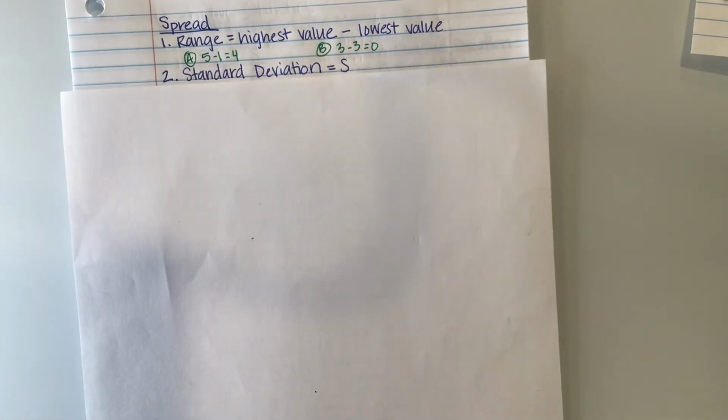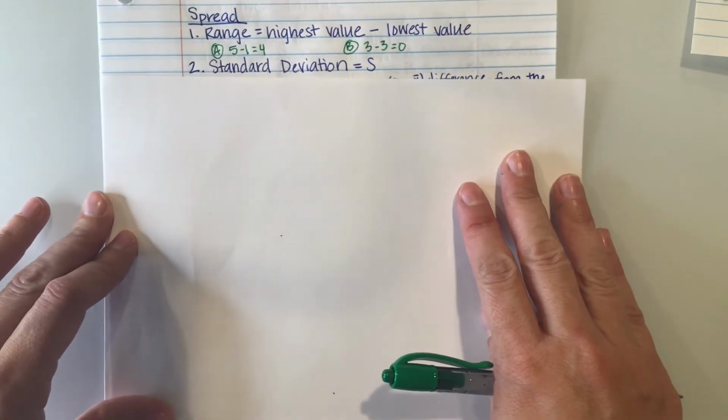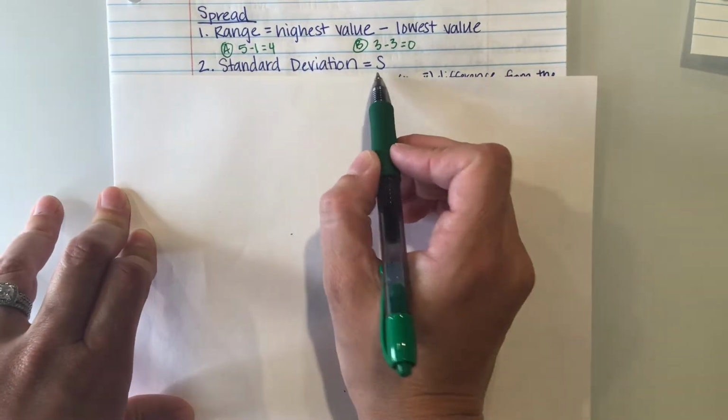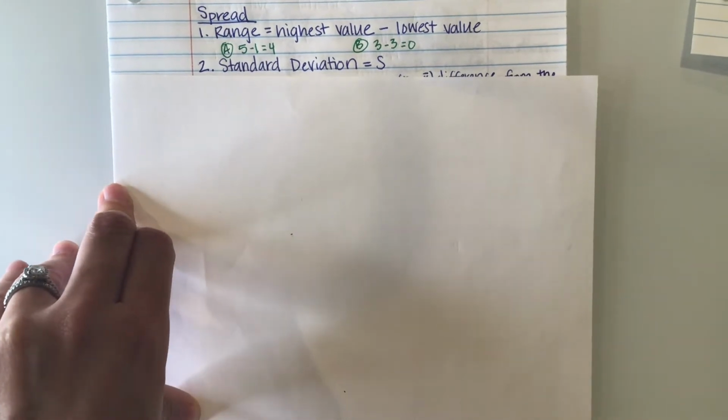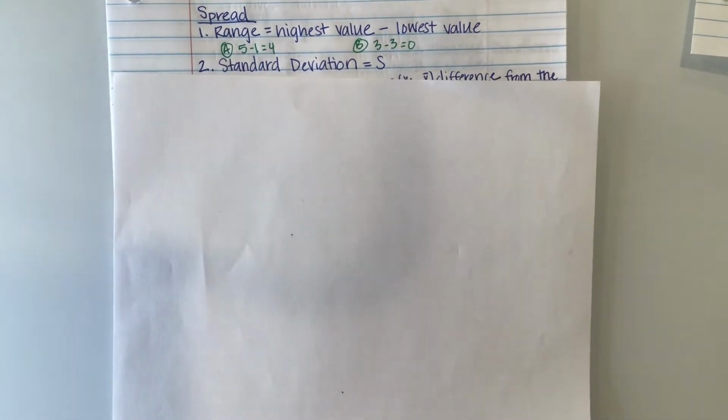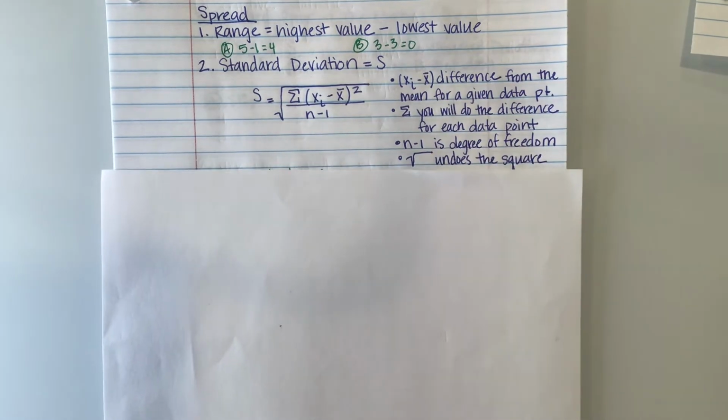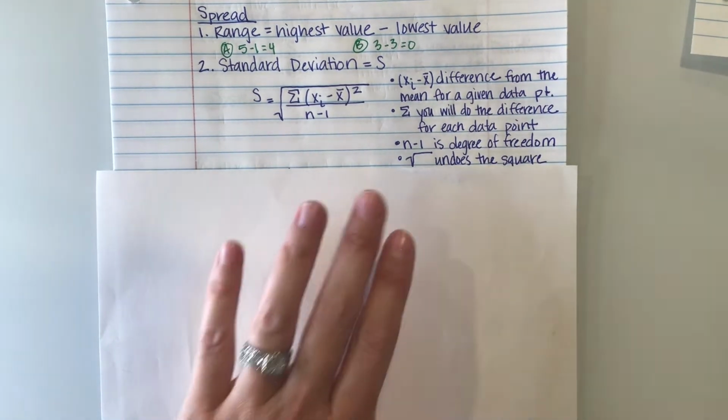So there's actually 3 ways for us to talk about the spread of our data, and in this video we're really going to focus on the second way. The first way is range. You're pretty familiar with it, right? The second way is something called standard deviation, and we're going to represent standard deviation as an S. And just like we saw mean written kind of interesting, the formula for standard deviation is written a little bit interesting too.